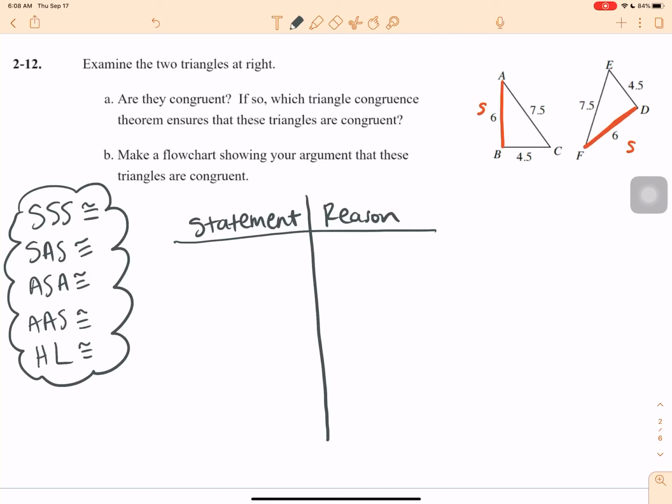I'm going to keep on marking this up. So we have that side congruent, and then I also have BC is congruent to DE, and that's another side that's congruent.